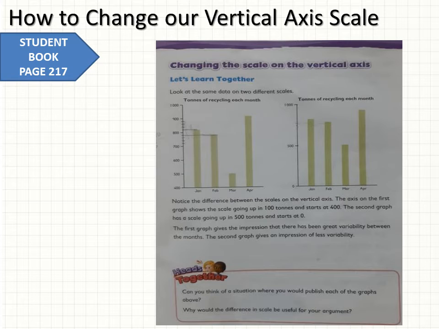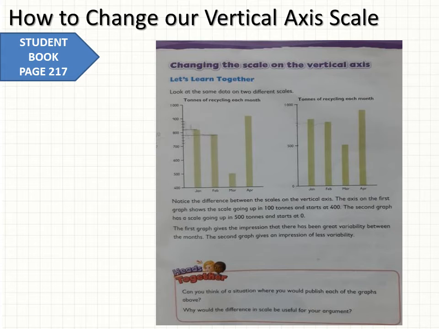The axis on the first graph shows the scale going up in 100 tons, and it starts from 400. But the second one has a scale going up in 500 tons, and it starts at 0. So the first graph gives the impression that there has been too much variability between the months.